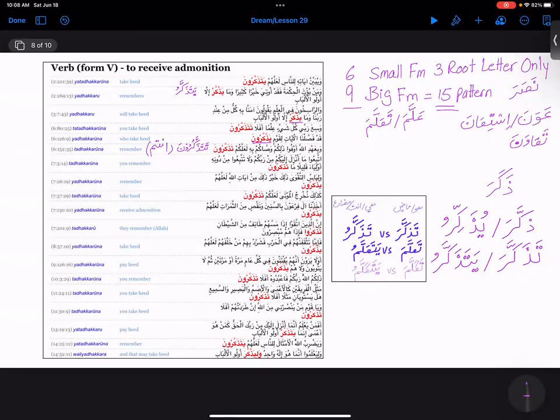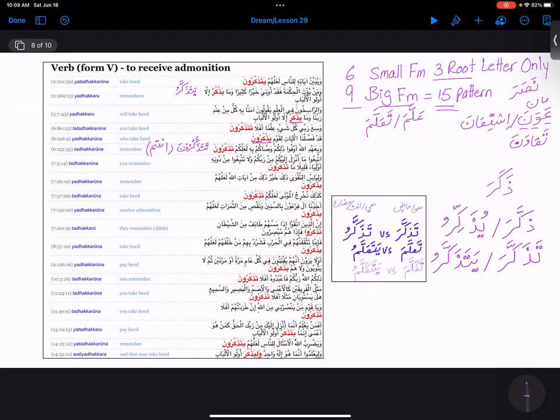The example is when I say ana or a'ana. How many root letters do you guys see? 3, right? Ain, Waw, and Noon. So this is part of our 3 root family. But the same root, Ain, Waw, Noon, I can put in a different container, and that is going to be the big families.